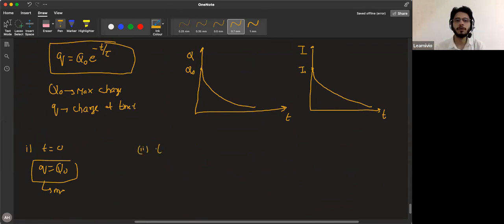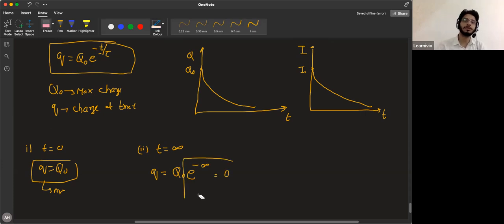If I put t equal to infinite here, what is the value of charge? 0. So at t equal to infinite, your capacitor gets fully discharged. So there is no charge on the capacitor.